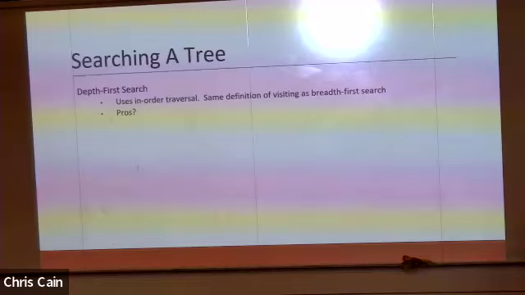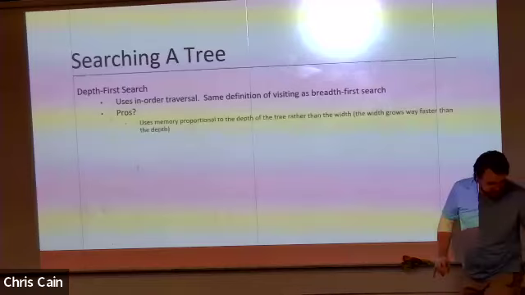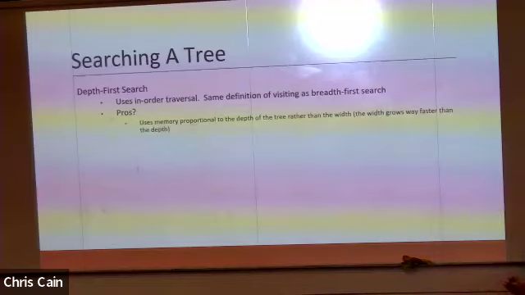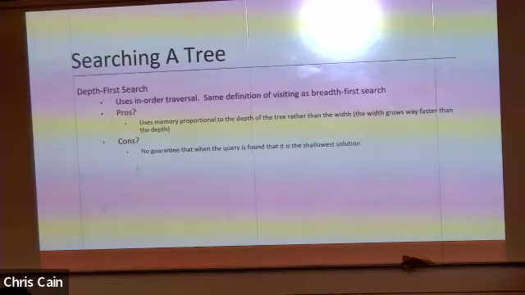So pros of this. Memory proportional to the depth of the tree rather than the width, and the width grows way faster than the depth. Cons of it is no guarantee that when we find a solution, it is the shallowest solution or the closest solution to the root. Complexity of this, we see that it's linear in terms of memory instead of exponential in terms of memory, which is wonderful, linear based on the depth of the tree.